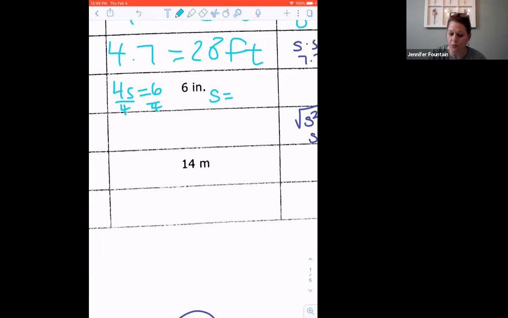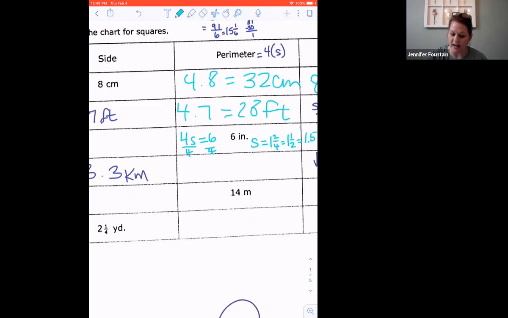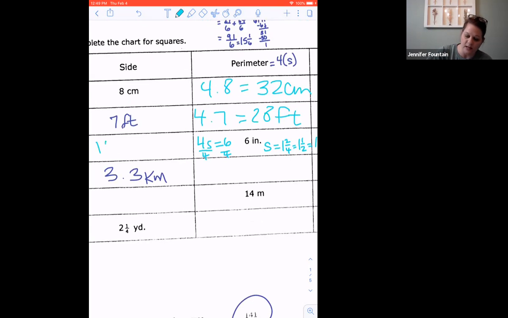So each side is equal to 1 and 2/4, and we know that 1 and 2/4 is equal to 1 1/2. We can have that as a fraction or as a decimal. So each side is going to be 1 1/2 inches or 1.5 inches.